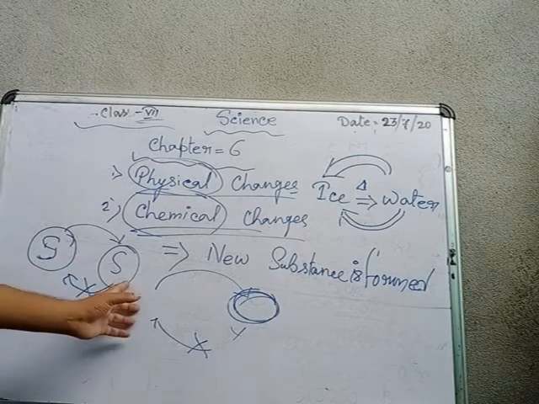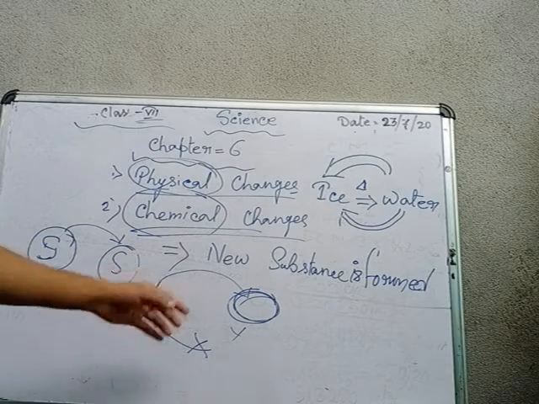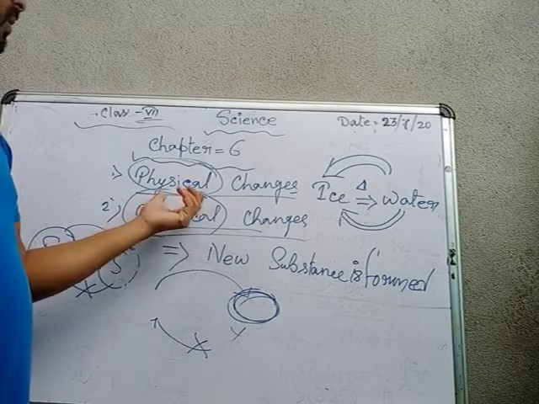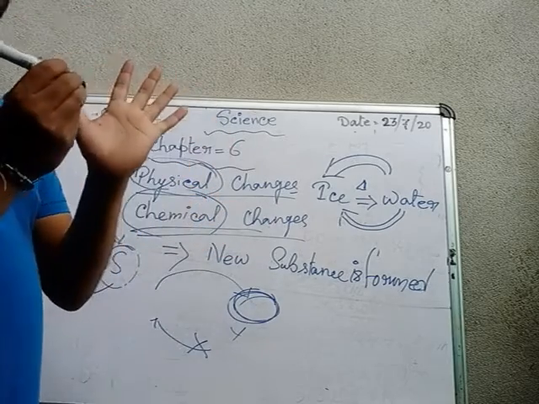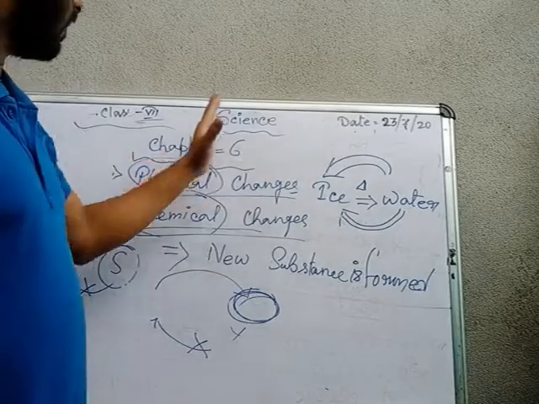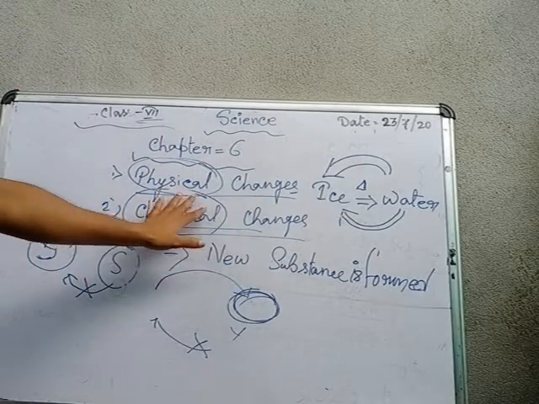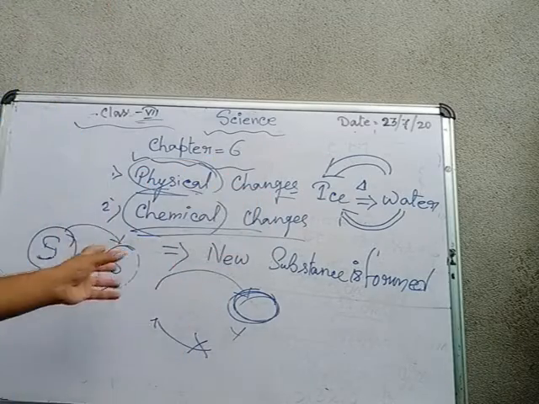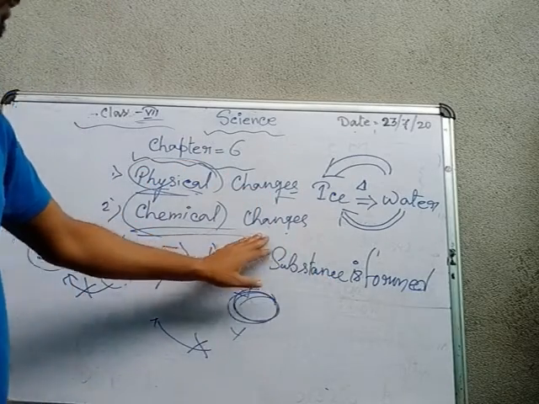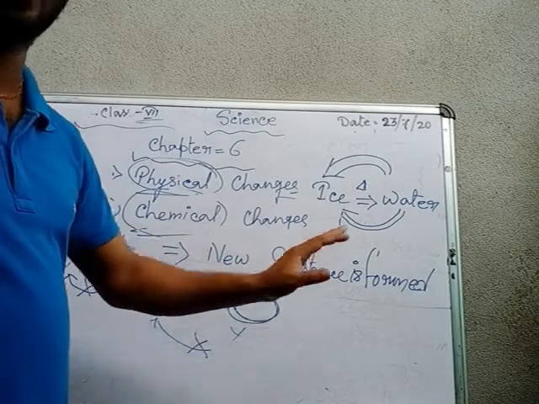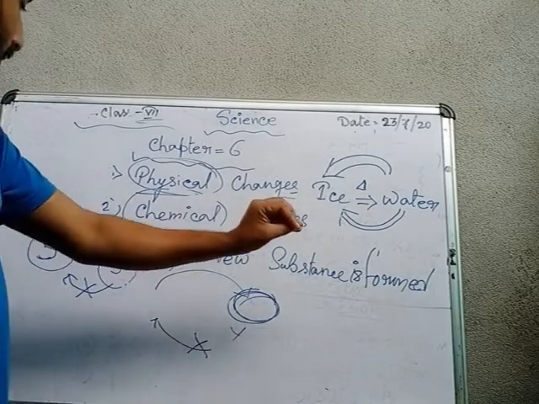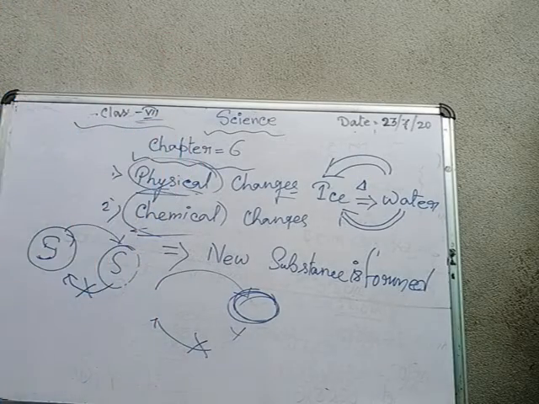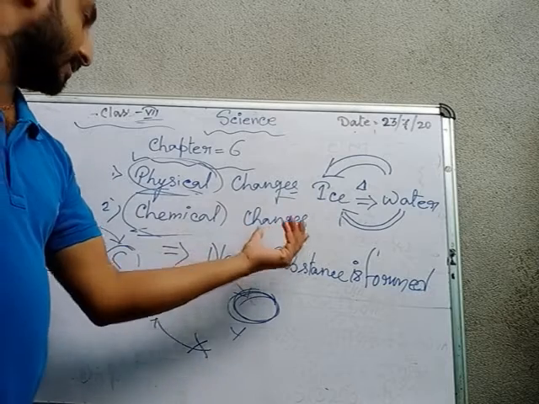So it is not temporary, it is a permanent change. Suppose we are heating some metals, they will return to the previous state, so it is a physical change. But rusting of iron is a chemical change, because iron is permanently changed into rust. It is not possible to get the fresh iron back again. So it is a chemical change.